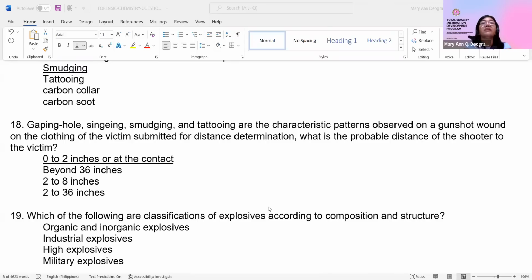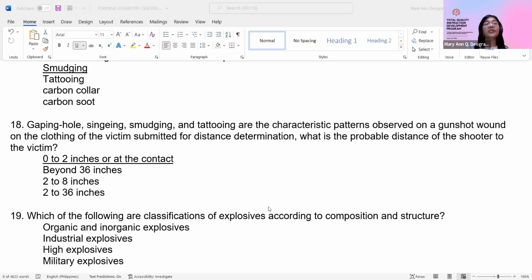So that's one way of reviewing already. Baka mamaya hindi lang yan yung question na nakuha nyo. Pag 2 to 8, ano yung mga characteristic patterns? Smudging and tattooing. Dalawa. Okay? So pag 2 to 8, ang characteristic patterns na makikita nyo, smudging and tattooing. Pag 2 to 36, tattooing lang. Okay?